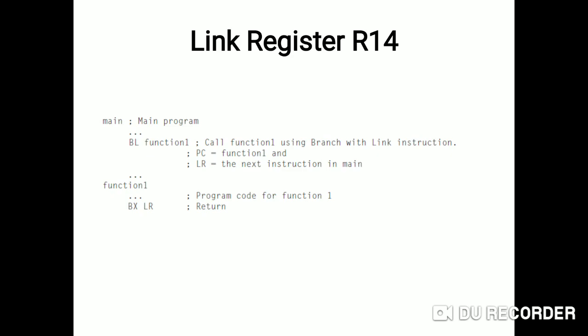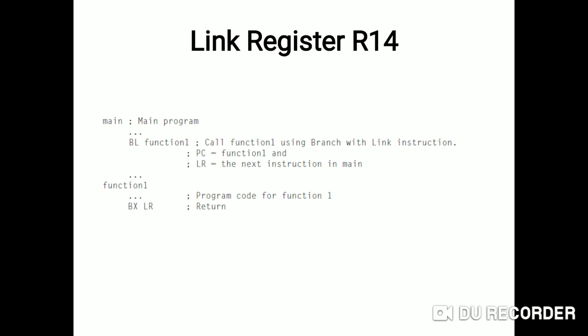Next is the link register. R14 is the link register. Inside assembly code, you can write it as either R14 or LR. It is used to store the return program counter when a subroutine or function is called. For example, when you are using the branch and link BL instruction, an example program is shown here.